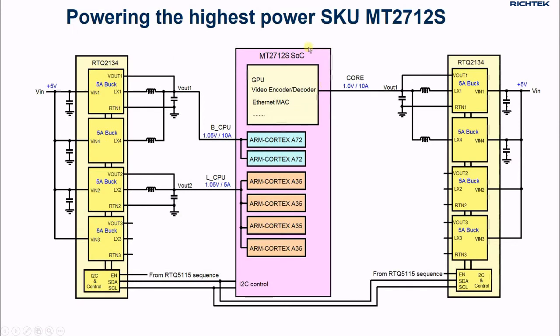The high-power MT2712S SKU needs the most current and is powered via 2 RTQ2134 PMICs, 2 dual-phase rails for the core and the BCPU, and 1 single-phase rail for the LCPU. This configuration is implemented on the MT2712 EVB.